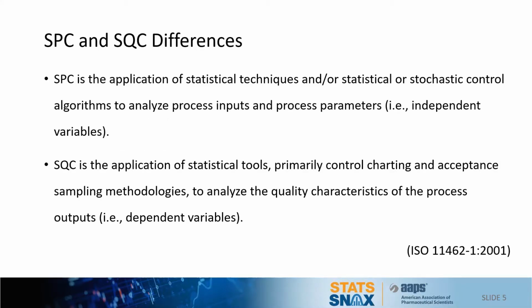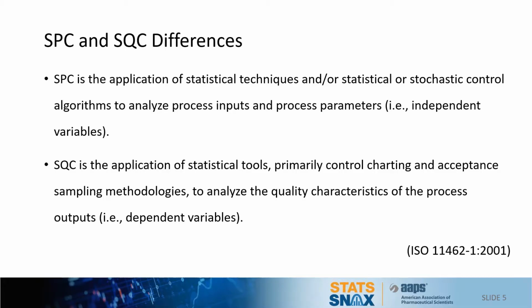SPC and SQC differences. If we look at how ISO defines SPC, it's the application of statistical techniques and/or statistical or stochastic control algorithms to analyze process inputs and process parameters, that is, independent variables.